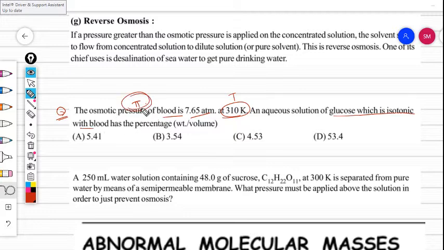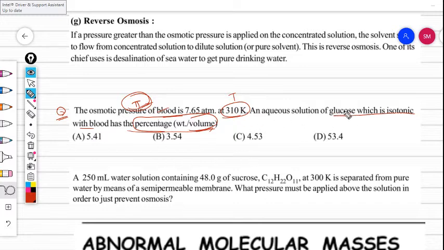Its phi value is similar to the glucose solution. The blood solution is isotonic with the glucose solution. Then find out the percentage of glucose. He has given the values of the blood solution and is asking for the values of the glucose solution.